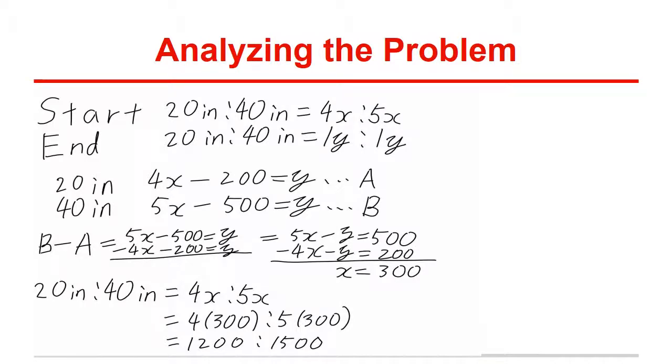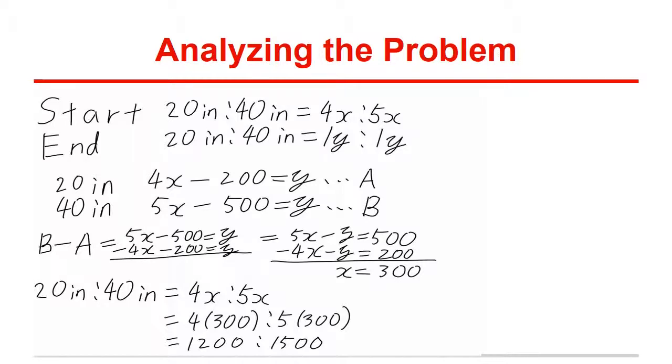The reason you subtract that is because 200 TVs were sold in that period of time. And similarly for the 40-inch TVs, you want to subtract 500 from 5x, which equals y.